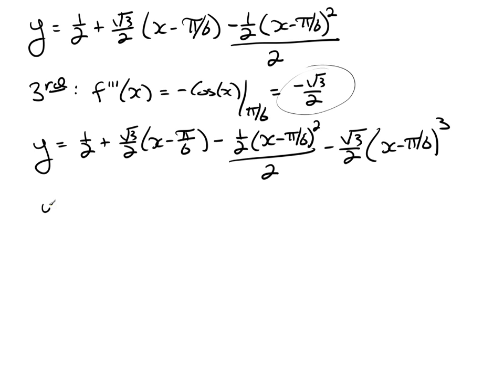What I'm going to have is y triple prime, and you can do this, is going to be a negative 3 times 2. And I'm going to pull that negative out of there. I'm just going to write it as 3 times 2 times root 3 over 2, and the root 3 over 2 is negative. So I actually have 6 times the third derivative of the original function.